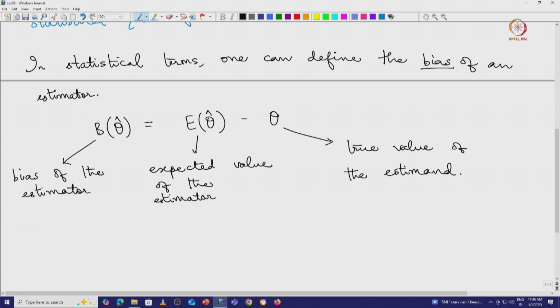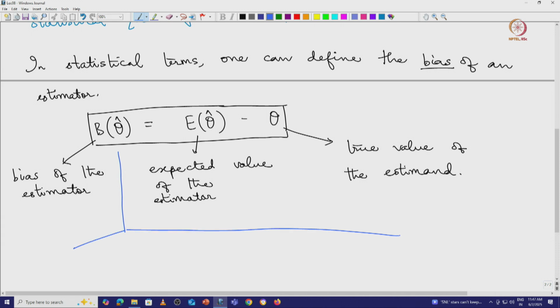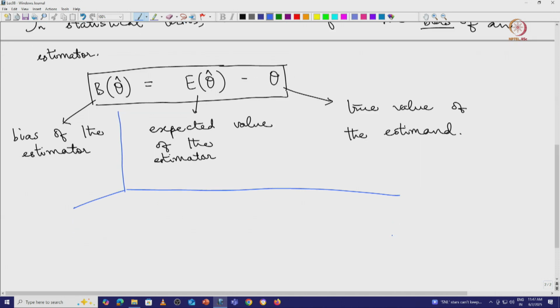Now, depending on the value that you compute for the bias, there can be two different scenarios. One scenario is when your bias is 0. So, B of theta hat is 0. Essentially this is only possible if the expected value of theta hat over many samples is equal to theta itself.